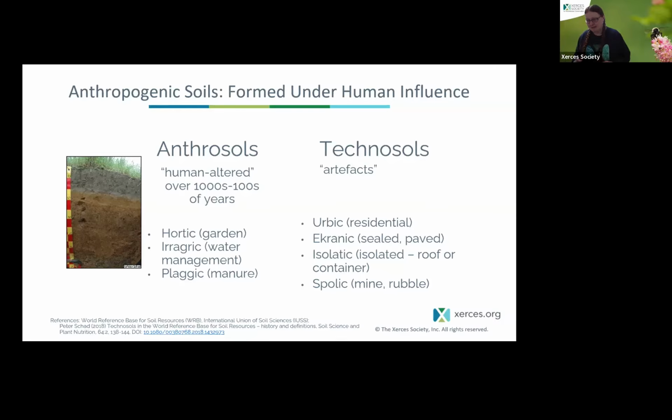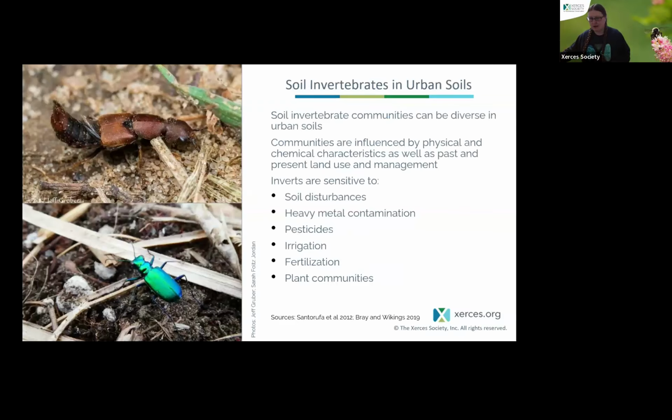We have to look at what was there before. There could be all of this stuff buried in the soil, foundations, building materials, and things like that. So also, an important conservation concept. Sorry, I lost my train of thought there. When we're thinking about where we are in the landscape, right?